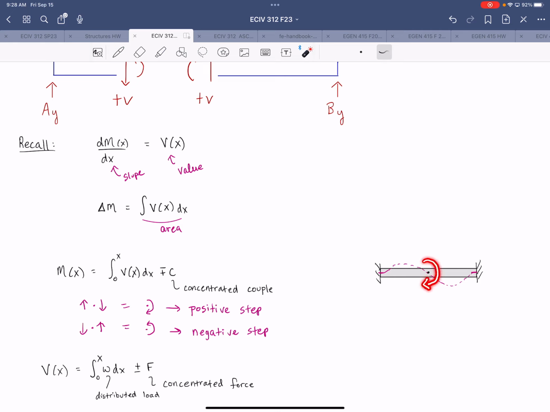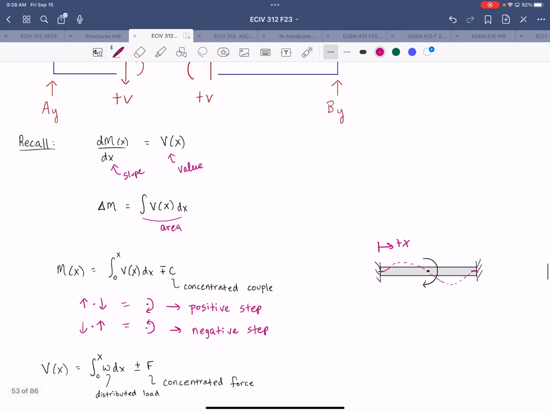With that clockwise moment, it'll want to push the right side down and the left side up, right? So that's that positive couple effect. Now, if you are marching along this beam left to right, because that's in our positive x direction, then at any point before you reach that moment, right, let's just say this section right here, your moment value is going to be negative.